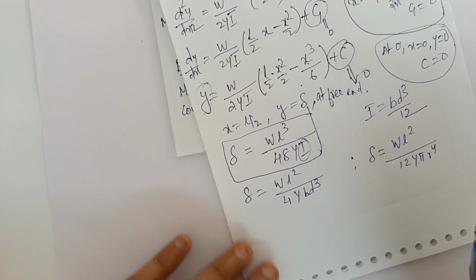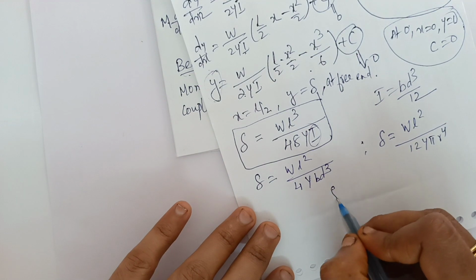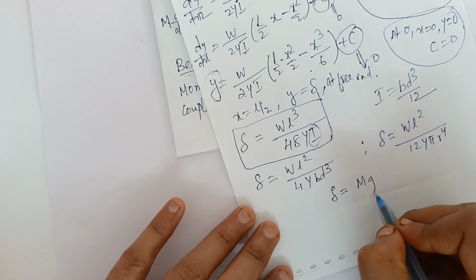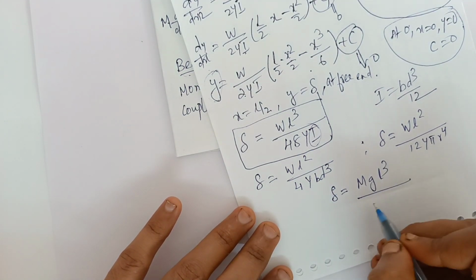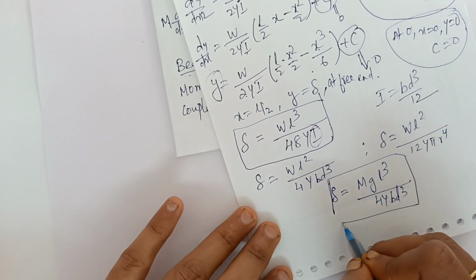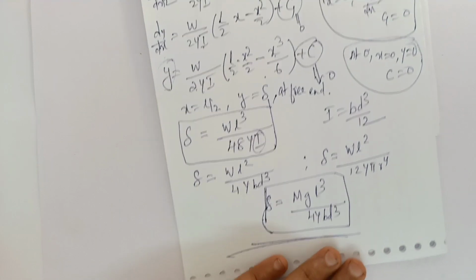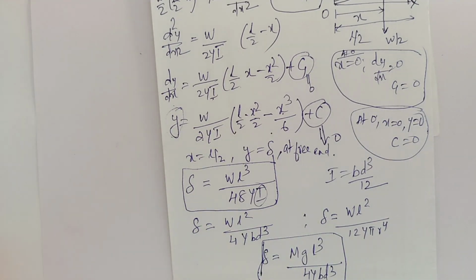Therefore, this is the same depression for the middle point O. If m is the mass and the beam is loaded at the middle, we get delta is equal to mg L cube by 4Ybd cube. Okay, so this is the expression.